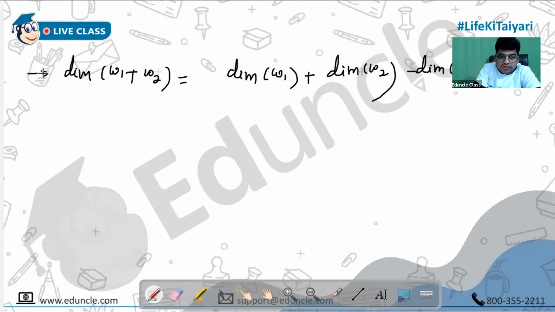This is the main result, the dimension theorem, and using it you can find the dimension of the sum of two subspaces.